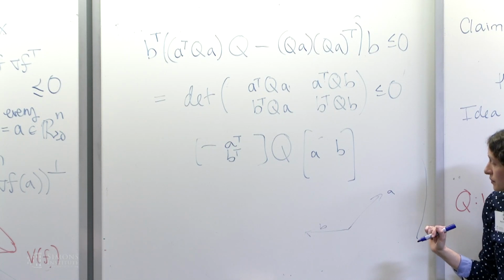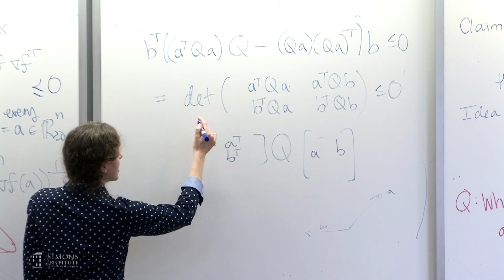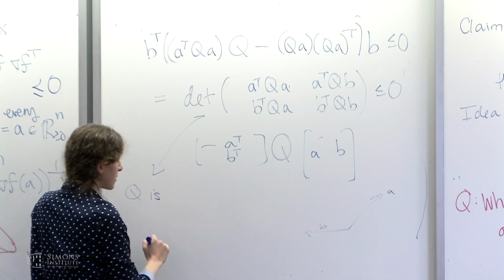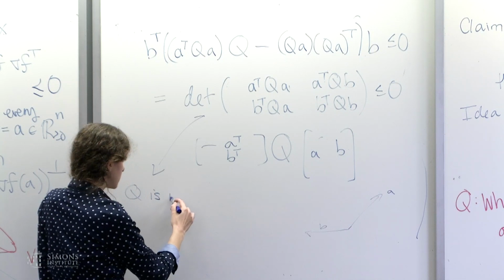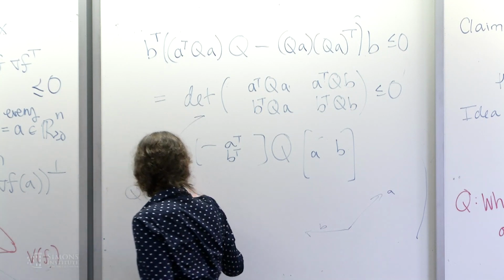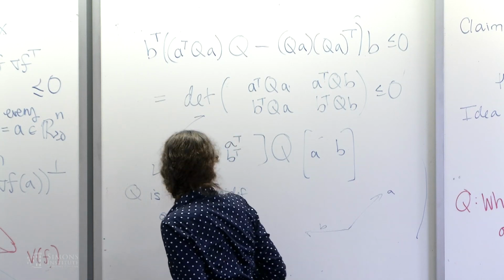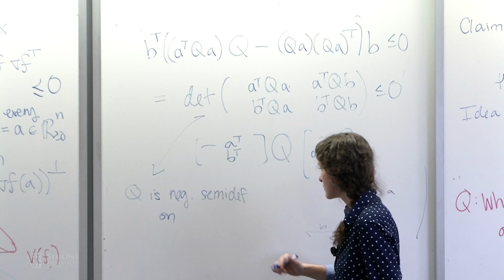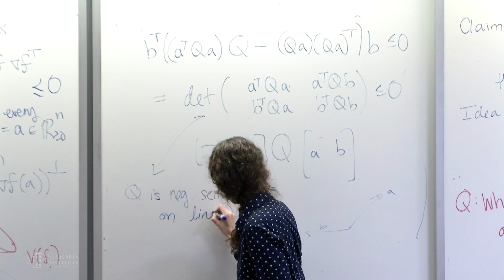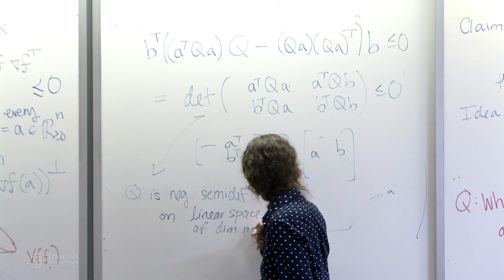And we can really translate that to: this happens if and only if Q is negative semi-definite on a linear space of dimension n-1.